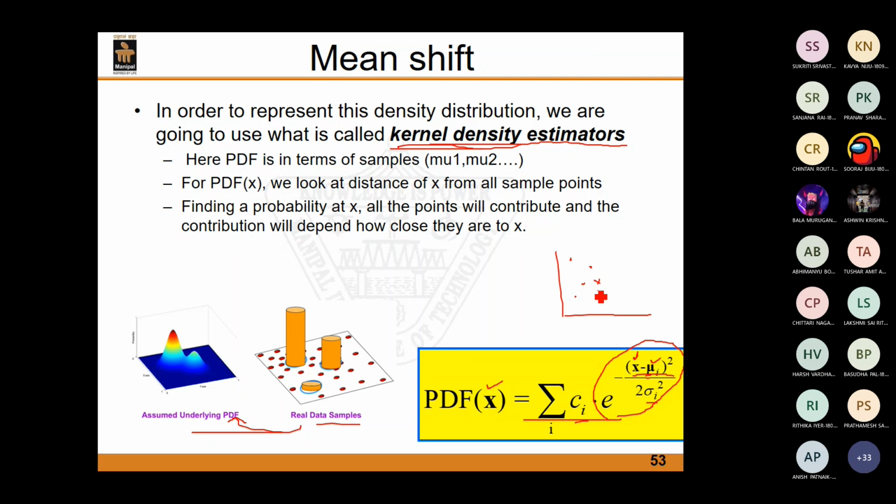By doing a Gaussian weighting, what we are trying to achieve is that the points closer to the point of interest x contribute more towards the probability density function at x than the points which are further away. So we are assuming that.